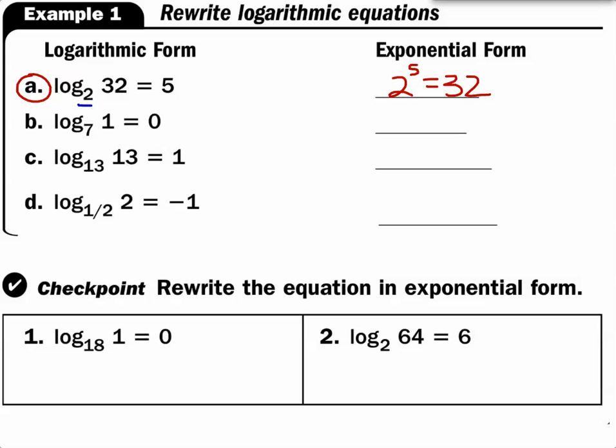So the base in the log is the little tiny subscript, and that is still the base in the exponential form. But what's super cool is that the 32 in the logarithmic form becomes the answer in the exponential form, and the thing on the other side of the equal sign in the logarithmic form becomes the exponent.